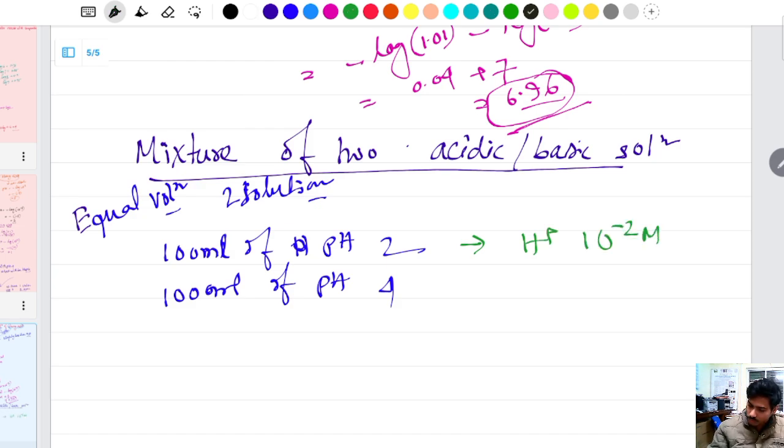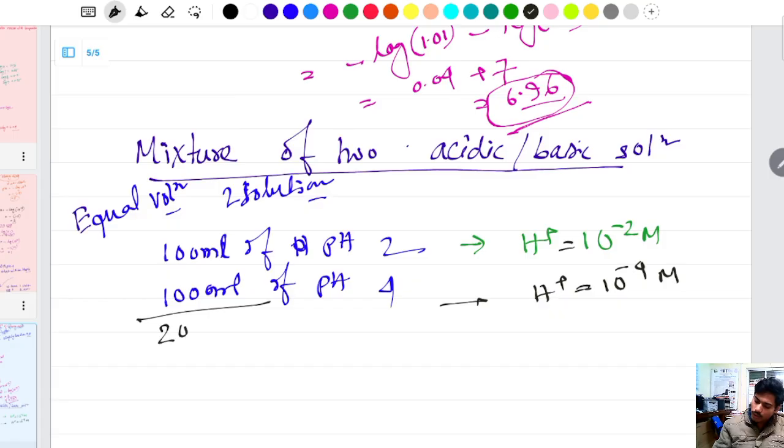And for pH 4, the concentration of H plus ion equals 10 to the power minus 4 molar. Now you have a total of 200 ml of solution. Now we have to think about what the mixture will be.